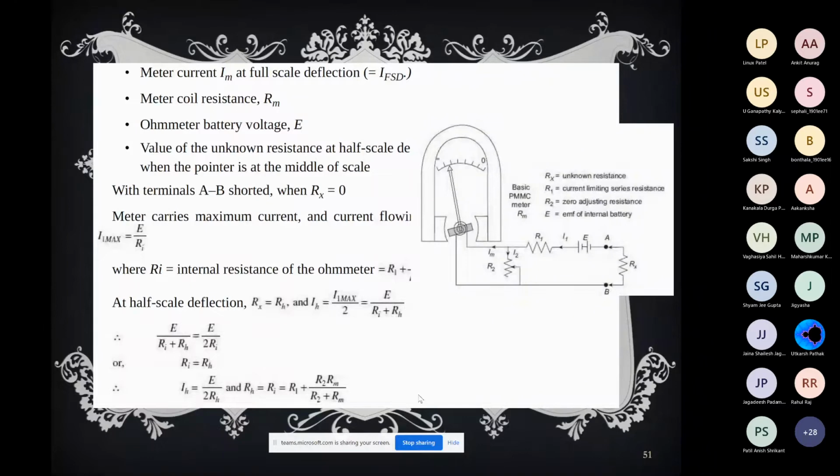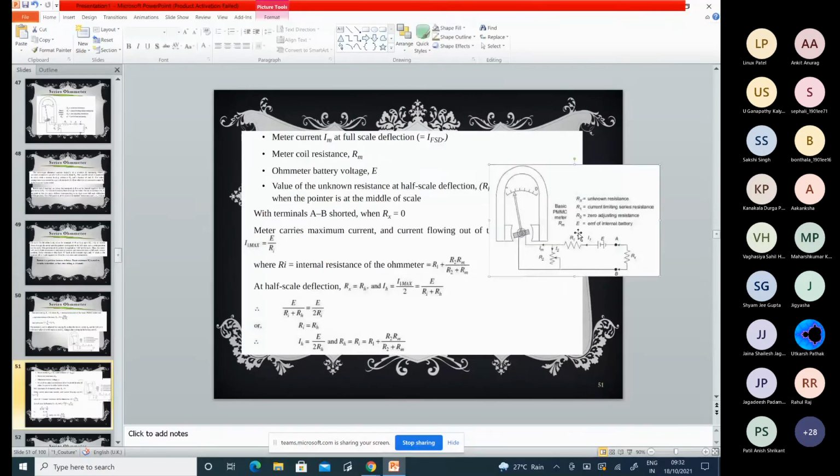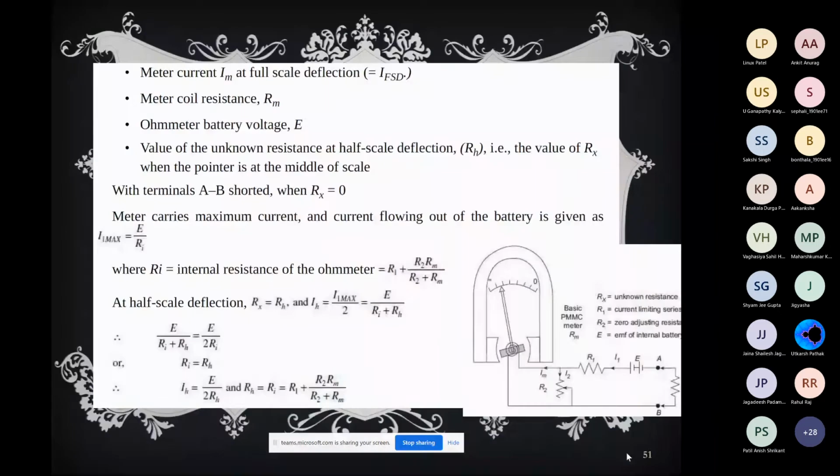The internal resistance of the ohm meter is R1 plus R2 Rm by R2 plus Rm, that is, R2 and Rm in parallel. That is the internal resistance, because if we look from the points AB, all the resistance combination will be the effect of the internal resistance.